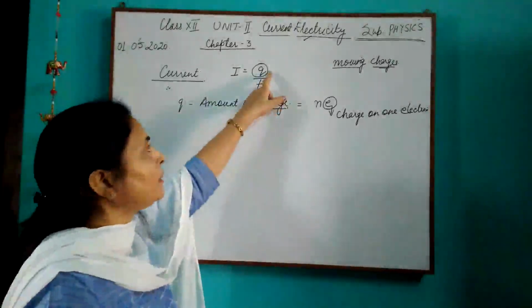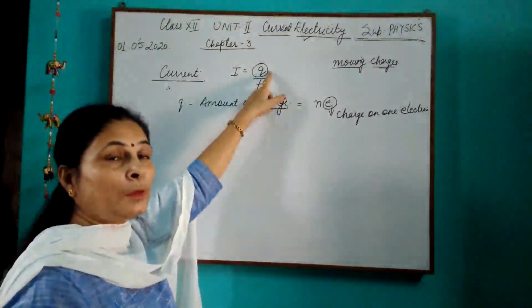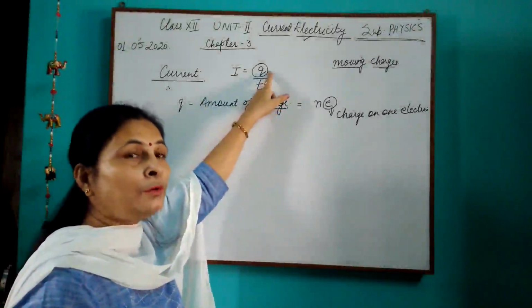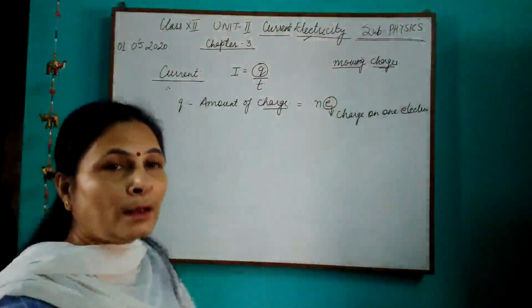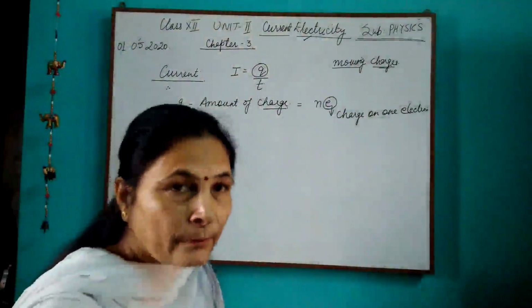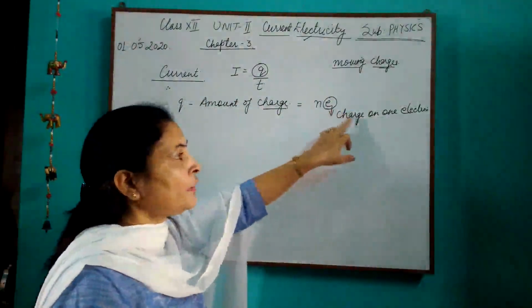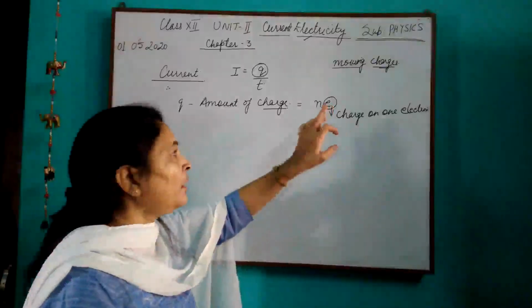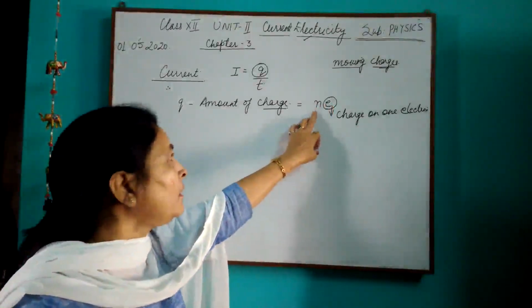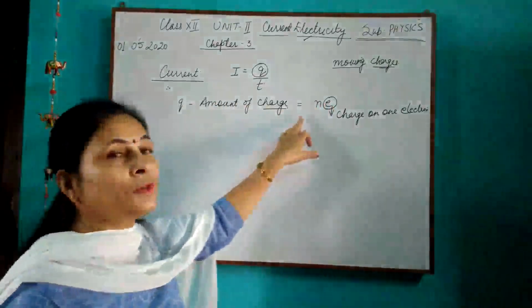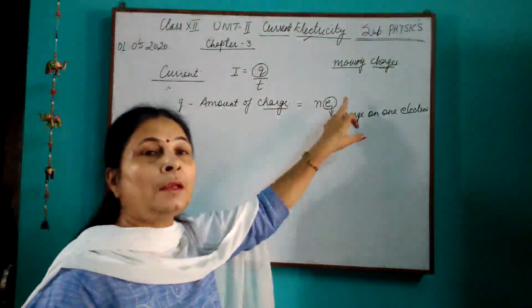So when I say Q, I am talking about the total charge flowing in the conductor. If the number of electrons moving is N, then the total amount of charge will be N E.